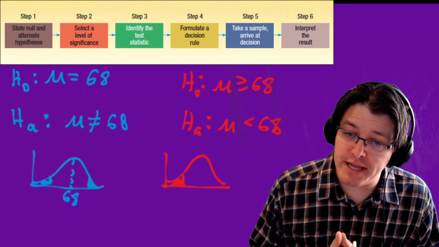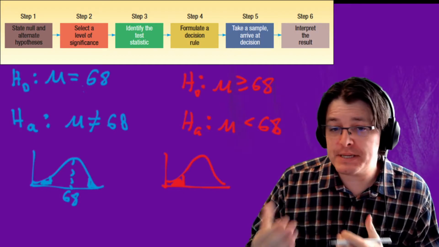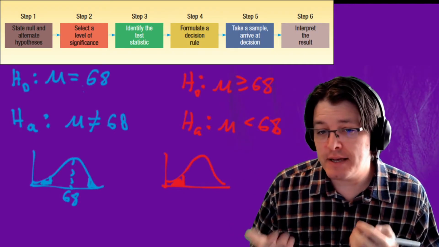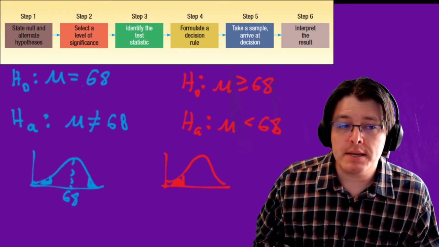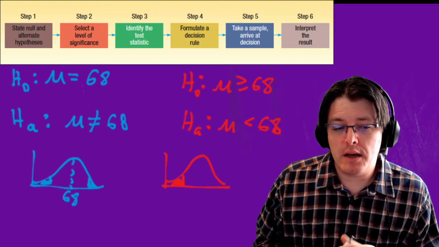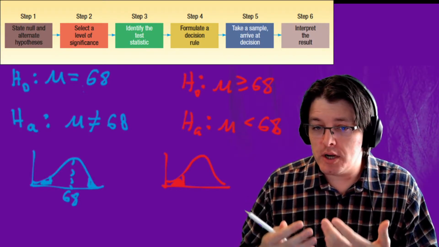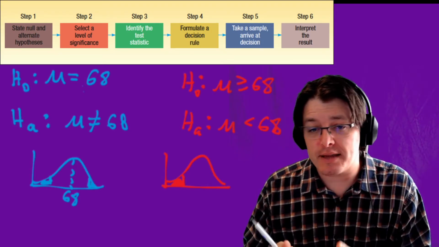So this is a decision that we have to make when we set up our hypotheses. And sometimes, if the statement is at least 68, that's pretty clearly a one-tailed test. Sometimes it's more ambiguous. I think oftentimes we want to default to a two-tailed test unless we have reason to think it's a one-tailed test.